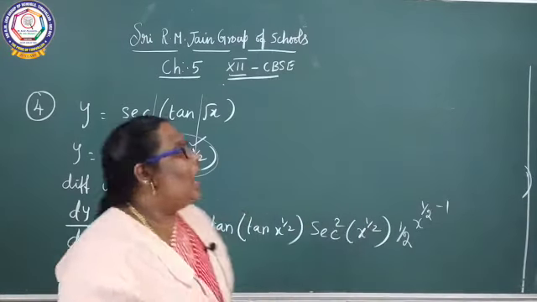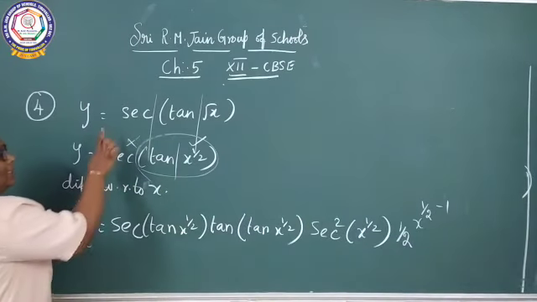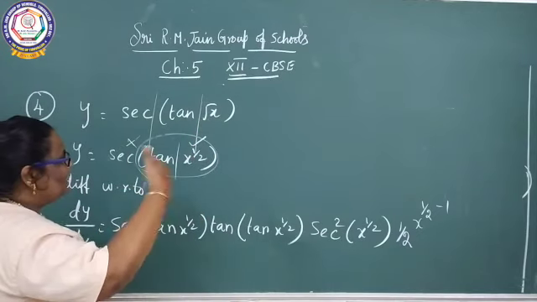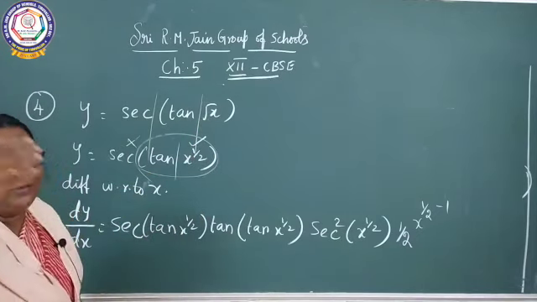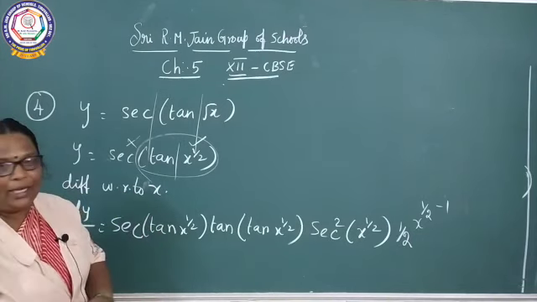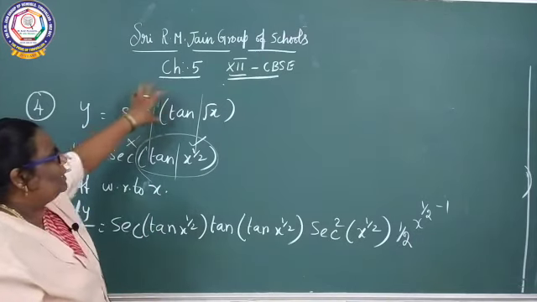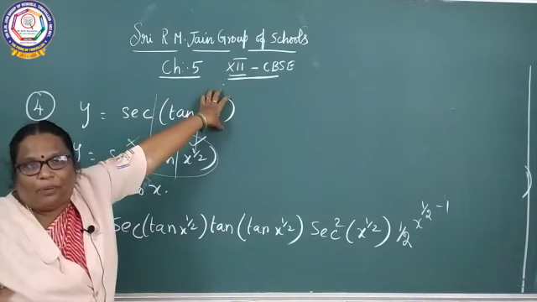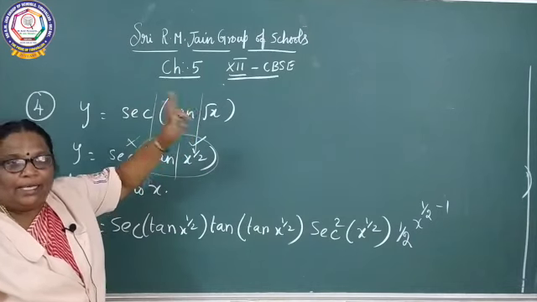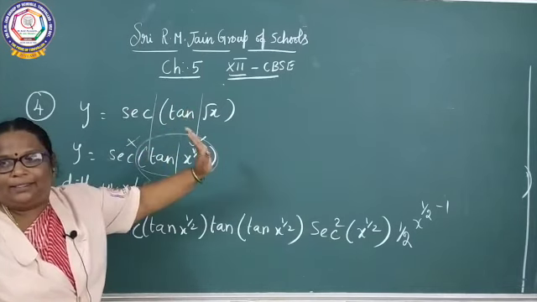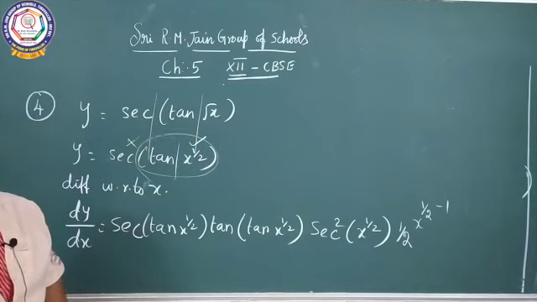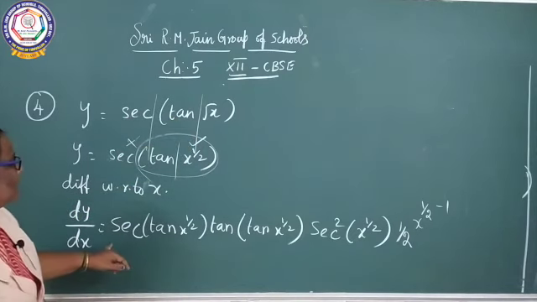See here, the sum is secant of tan of root x. If it is secant of tan of cos of sin of root x also, you can split the term. This is the first part, second part, third part. First part is secant of x, second part is tan of x. What is the formula for secant x?